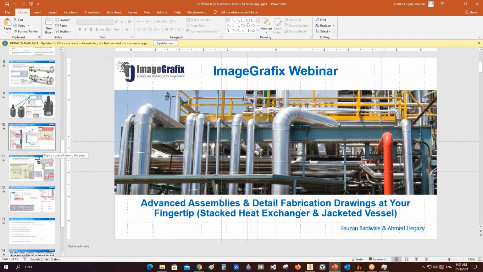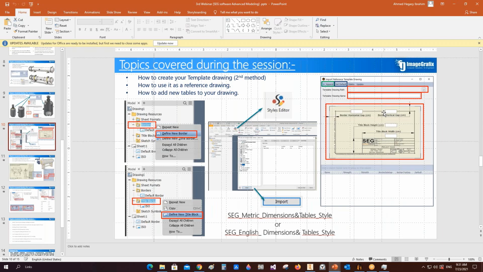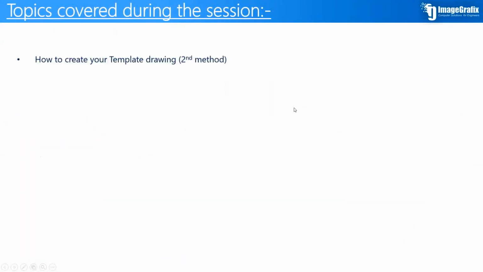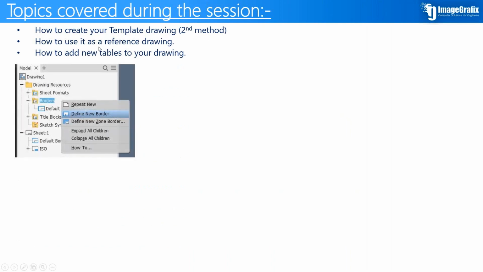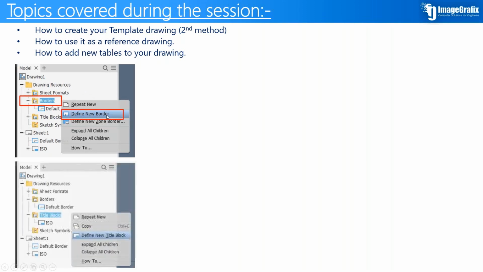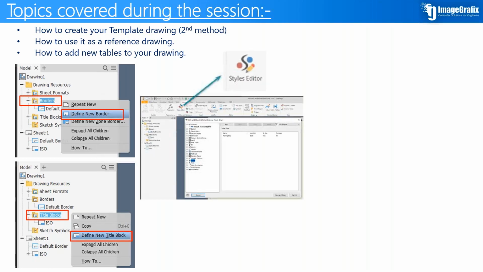So from this form, you have the ability to create a new border and title block. It depends on your project and how you import it and use it as a reference drawing in SEG.